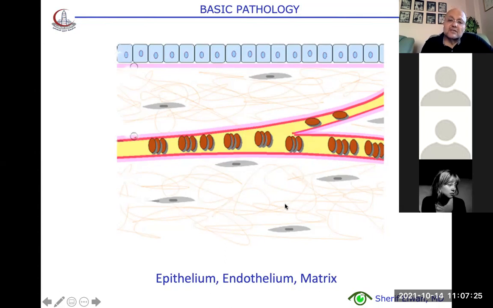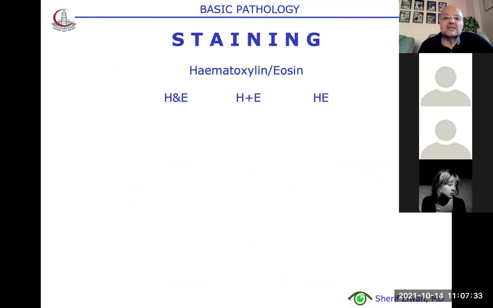For the conjunctiva, for example, it's covered from the outside by the epithelium, and there is matrix, and the endothelium here is not presented.